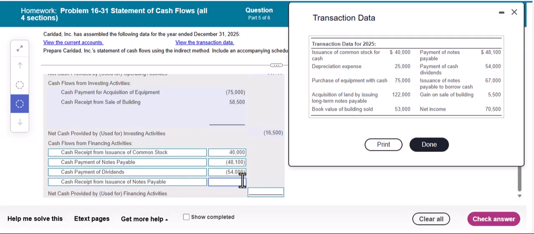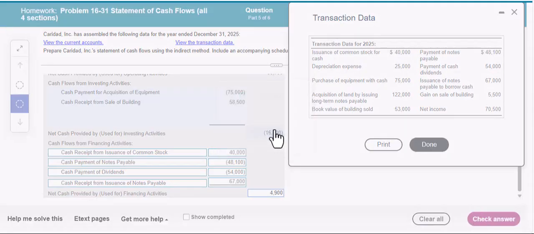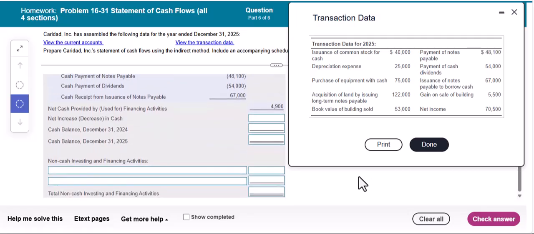There we go. And that wraps up our financing activities. So we can go ahead and add those up. And that is going to give us a total of positive 49,000. So let's go ahead and check our answer. Excellent. Okay. And we have more to go here.